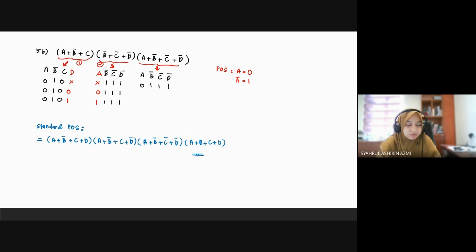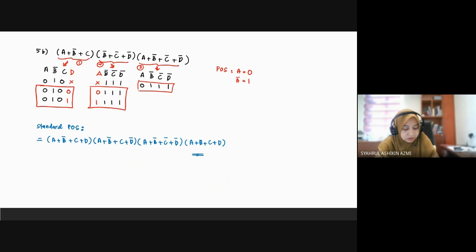Variable number 2, we have B bar plus C bar plus D bar. So we're missing A. Then variable 3, we have A plus B bar plus C bar plus D bar, so no need to add. We don't have any missing variables. So using this POS, E equals 0, and when we have a bar, it will be equal to 1. So it will lead you to this possible input combination, which is this one here.